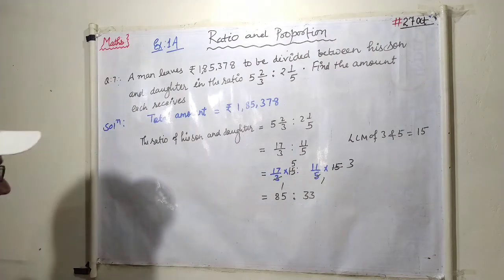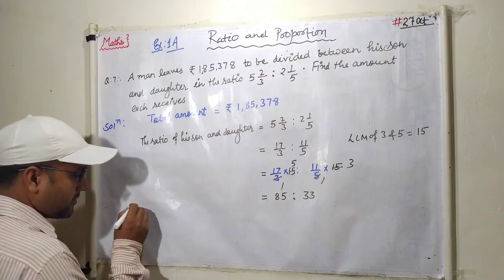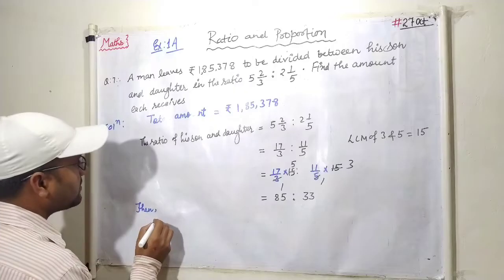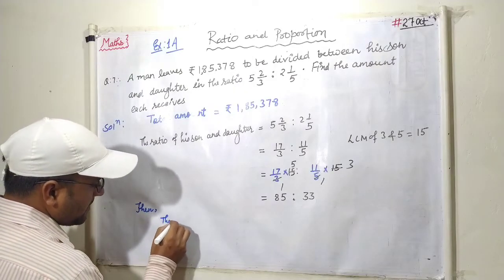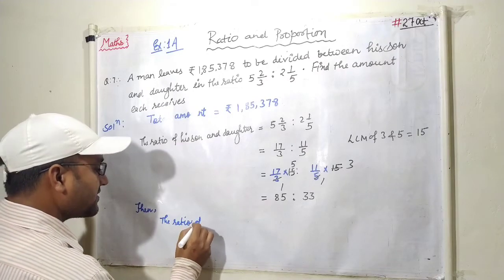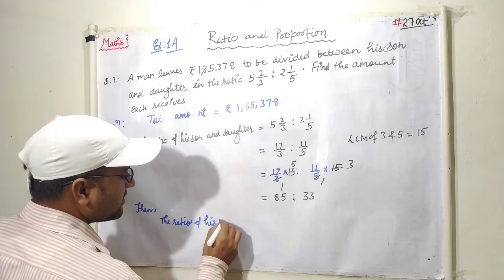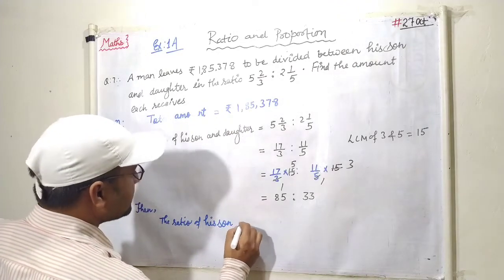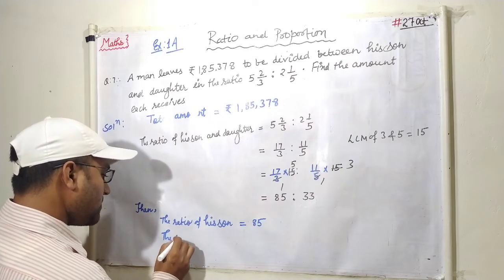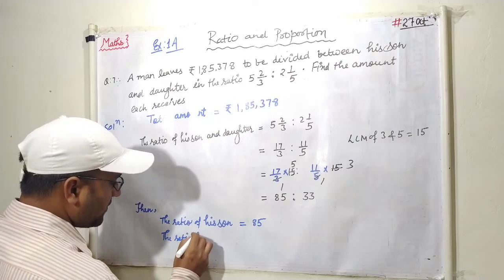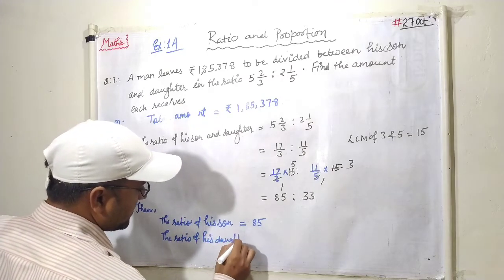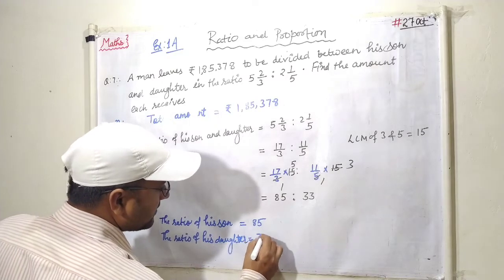So then the ratio of his son is equal to 85, and the ratio of his daughter is equal to 33.